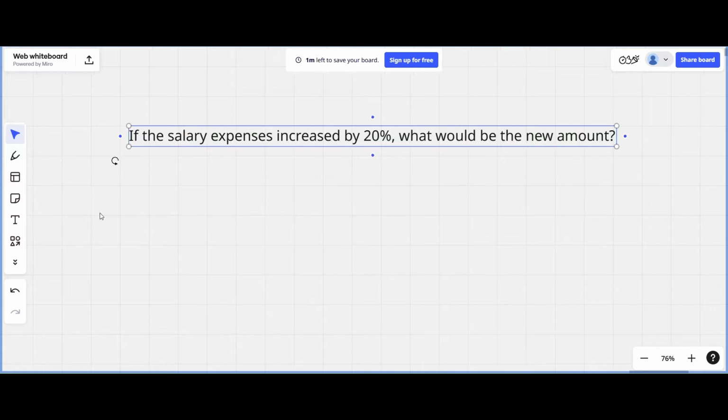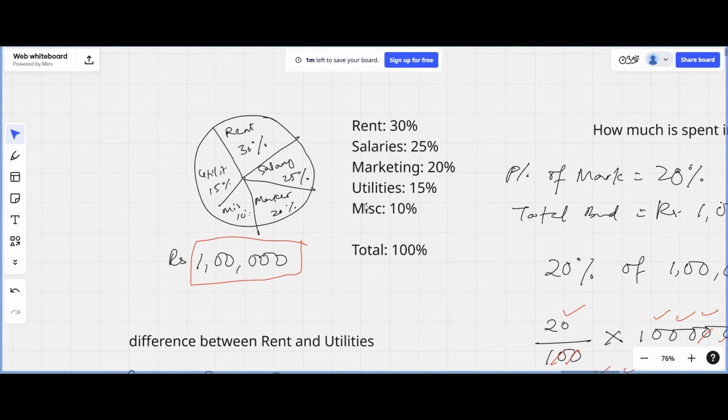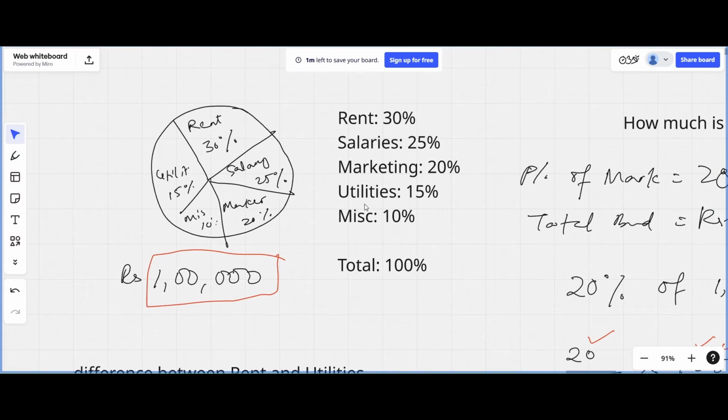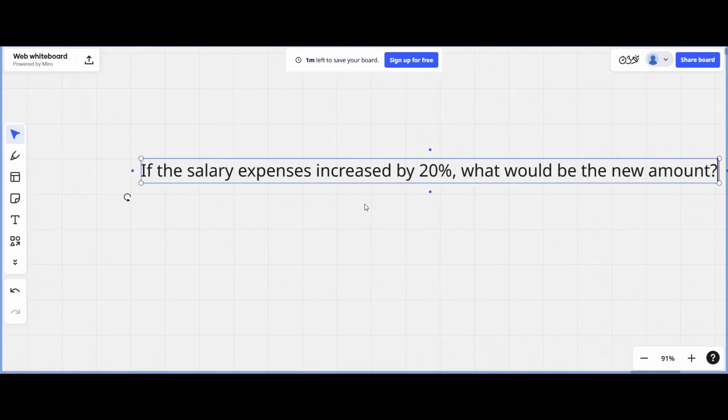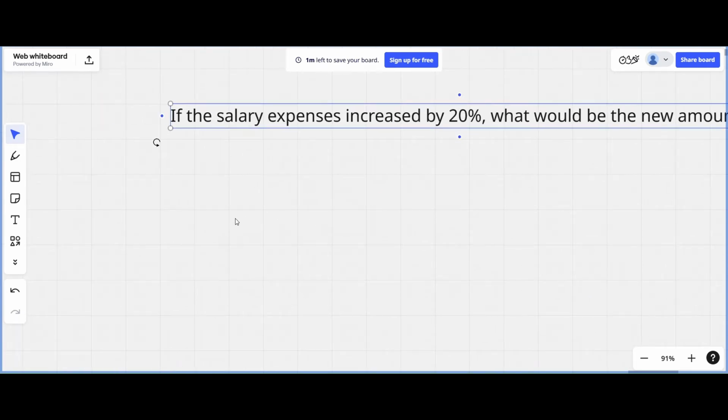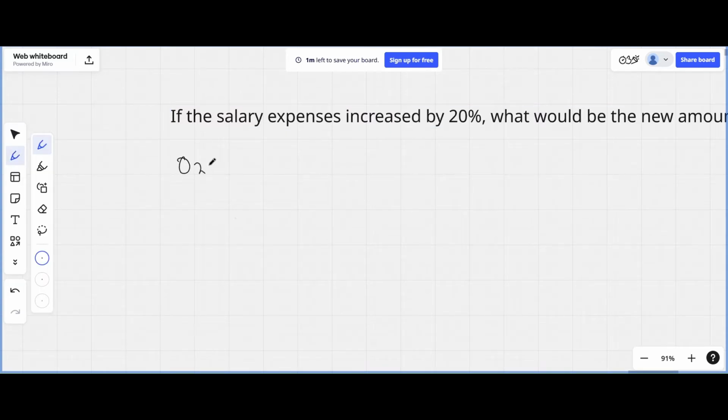So just see salary. How much percentage is salary? 25%, right? So let's find out the original salary first. Original salary is equal to 25% of 1 lakh.